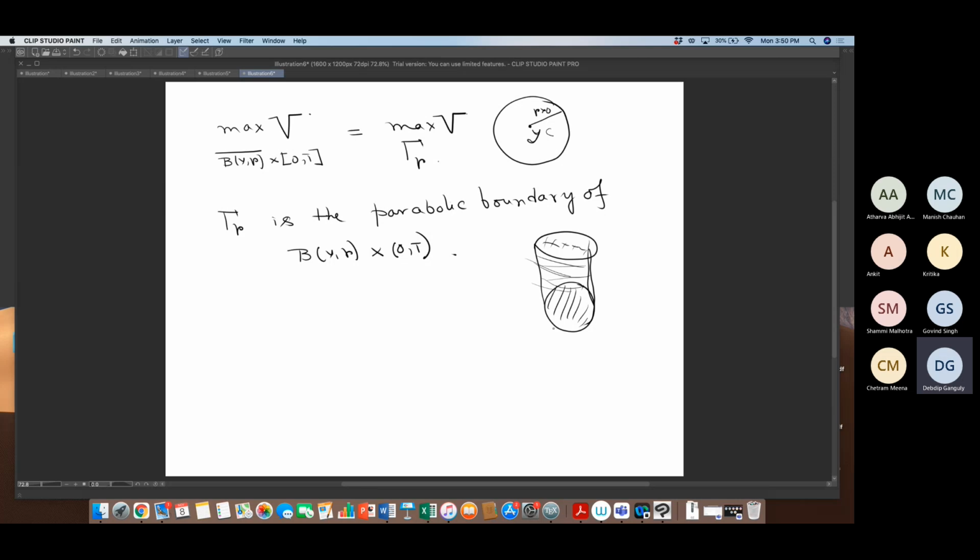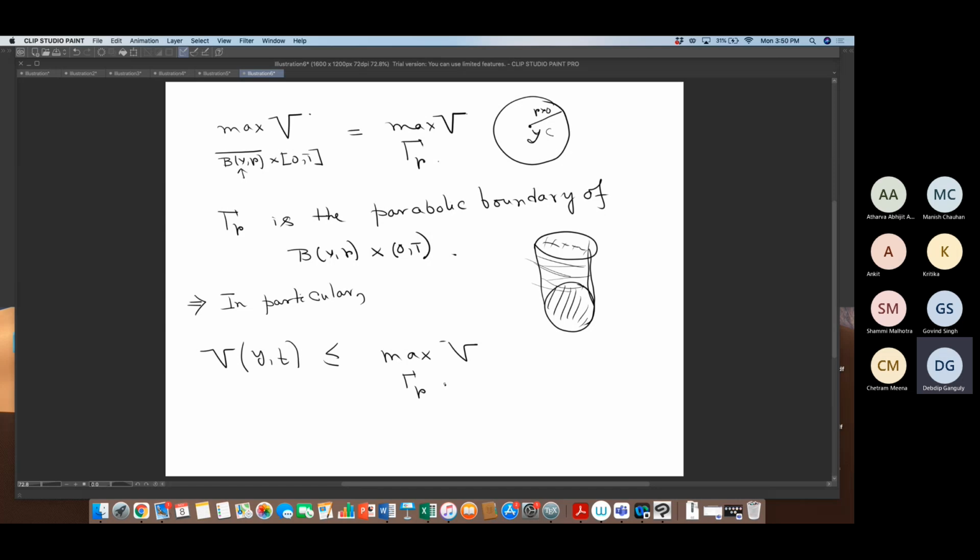Now we will see how we will use this. This implies, in particular, that V at the point (y,t) is less than or equal to maximum of V on gamma r.